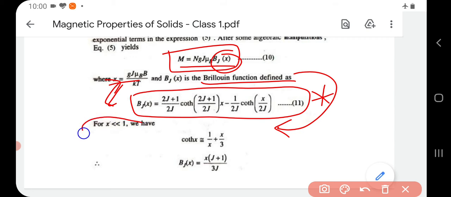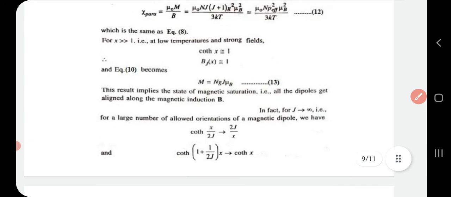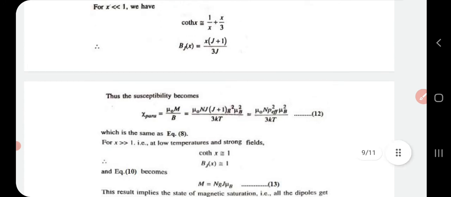Okay, now for x very small compared to 1, this coth x will approximately become 1 by x plus x by 3. Then the above expression, that is equation 11, B_J(x) will become x into (j plus 1) by 3j. Then as usual, paramagnetic susceptibility, what is this expression? Mu 0 M by B. It will become mu 0. What is your expression for M?